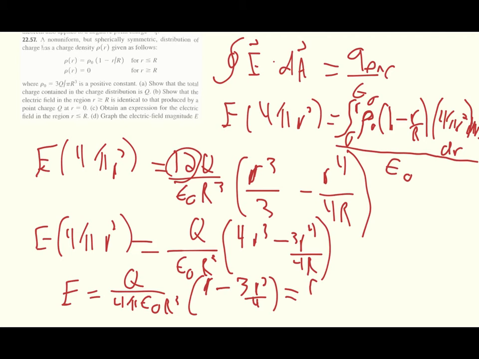So it's Qr over 4 pi epsilon naught R cubed, and there's a 4 here too that I didn't bring down: (4 minus 3r over R) over 4. Or no, it's over R, isn't it?